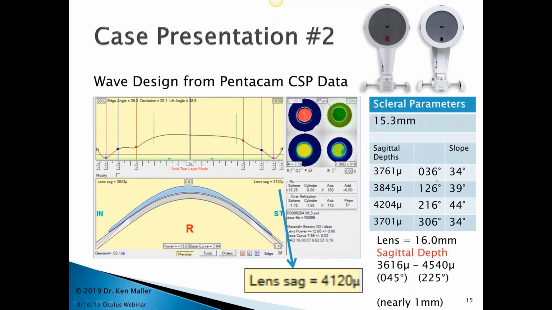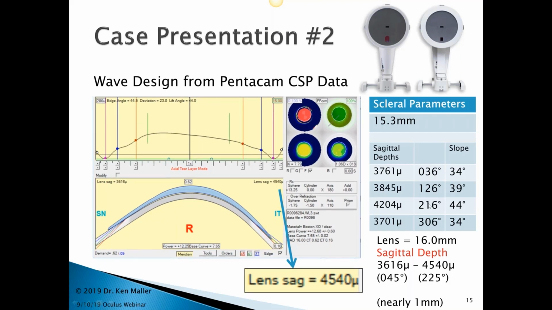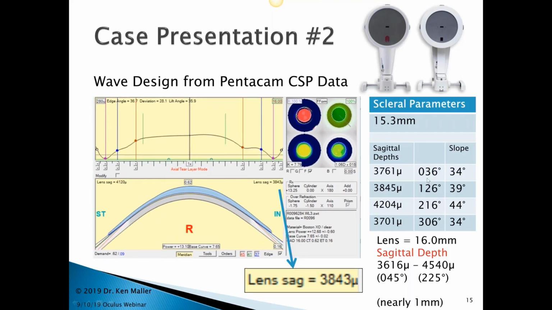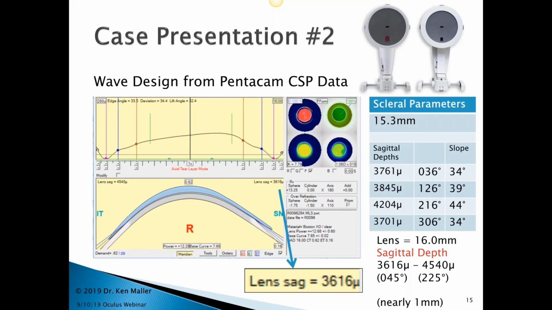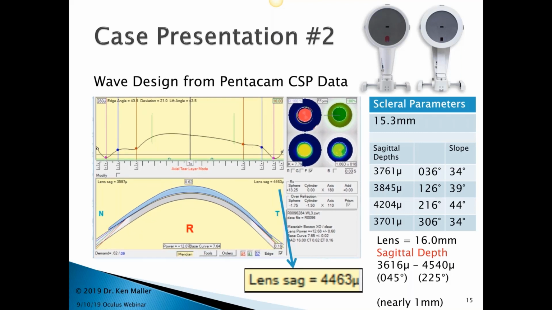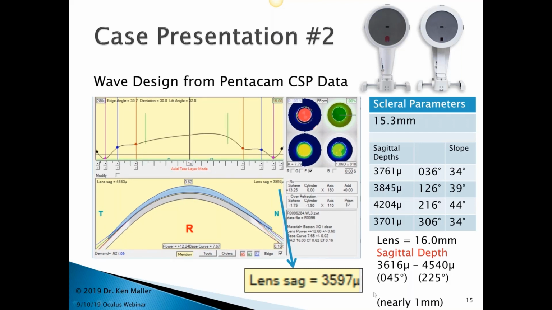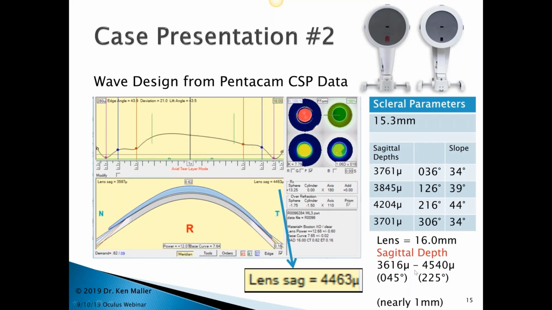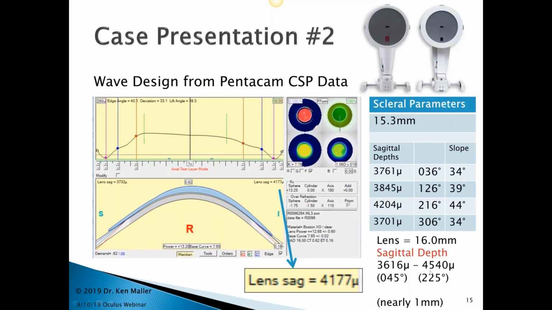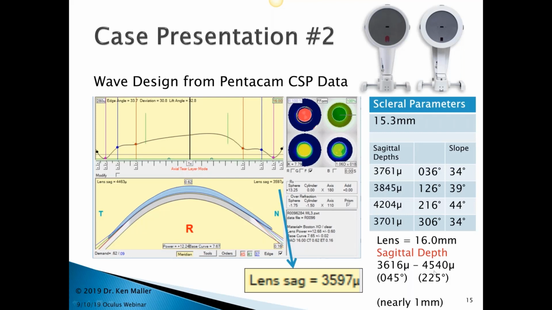You can see these are kind of oblique, not straight up and down. That happens to have been where his principal meridians were. Now on the lens sagittal depth, you can see it varies at the 45 degree semi-meridian, 3616, and then 180 degrees away at 225, we're at 4540.